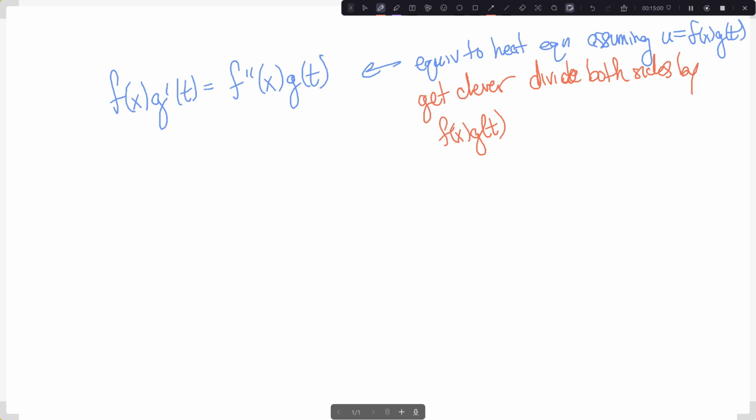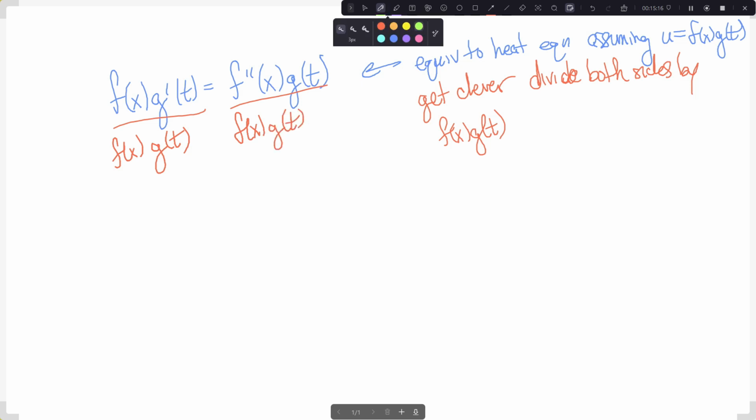The reason why is because what I'm trying to do is isolate functions of x on one side and functions of t on the other. It's useful because the g of t's cancel there, the f of x is canceled there, and I'm left with g prime t over g of t, make sure I use the right variables, is f double prime x over f of x.